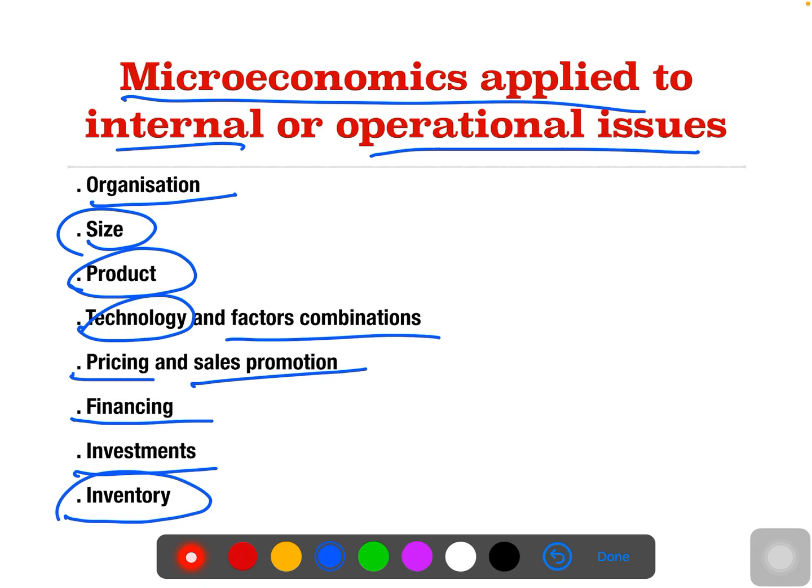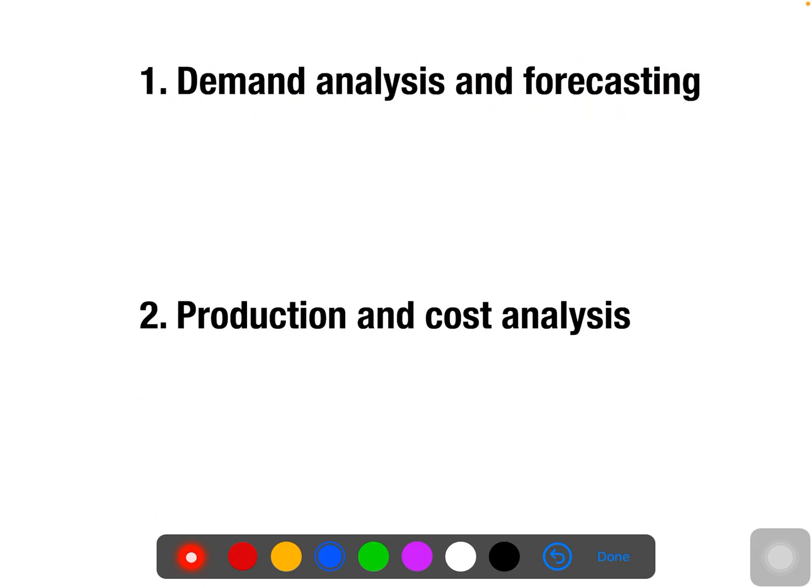Inventory I'll talk about later in the same topic. These are all the topics we're going to talk about in internal issues, operational issues, which are almost related to microeconomics.